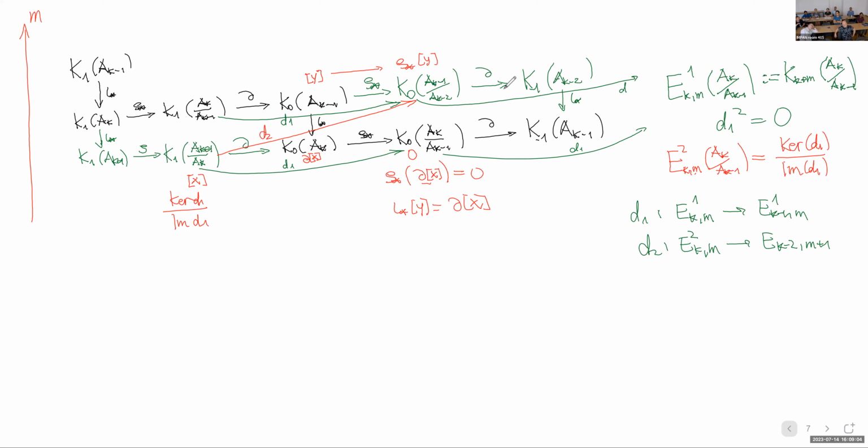The process is the same. We have this exact couple, we take the derived couple, then we take the derived couple of the derived couple. I very briefly explained how to get from the exact couple a derived couple, and then you go on to the next derived couple. These are all abelian groups. I have to show that it's well defined, that it's an exact sequence going around this triangle, but then we skip this injection.